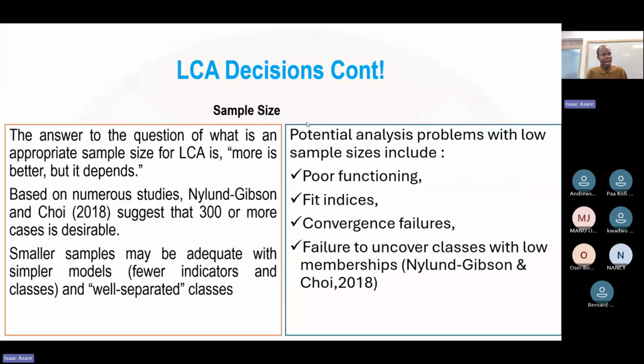So the answer depends on the study itself, because there are certain studies where naturally you won't get a lot of people to form part of it, especially when it comes to biological issues and biological research.